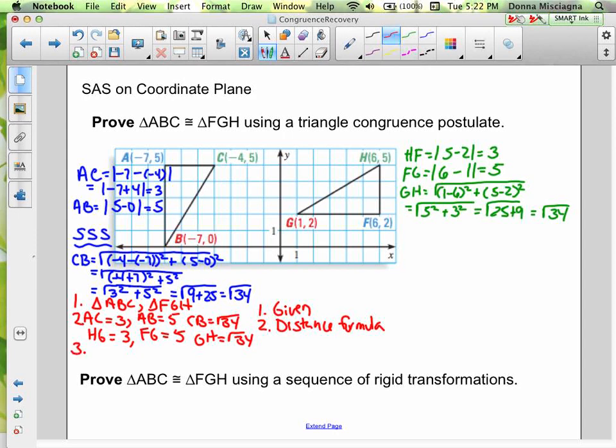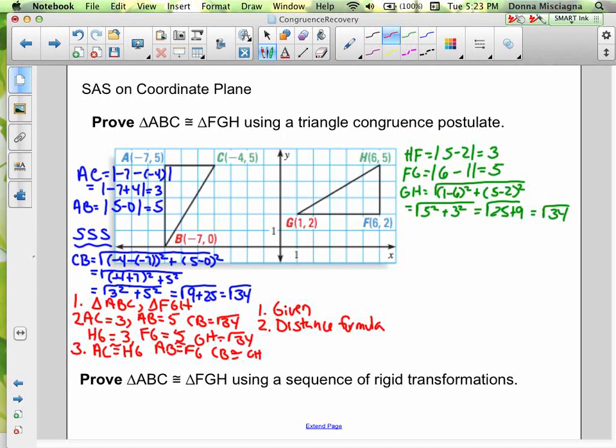So now that we know the lengths of everything, we know that AC is congruent to HG, and we also know that AB is congruent to FG, and we know that CB is congruent to GH. So there should be congruence marks there, right?